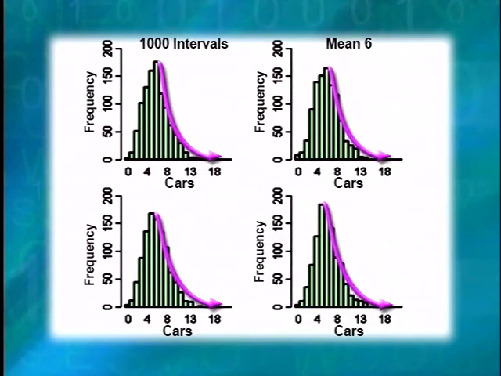There is an abstract shape that we can figure out by a mathematical analysis, making assumptions about what's happening with the cars, namely that the arrival of one car doesn't influence how many additional cars come. They're coming more or less independently at random times, averaging 6 cars per minute.